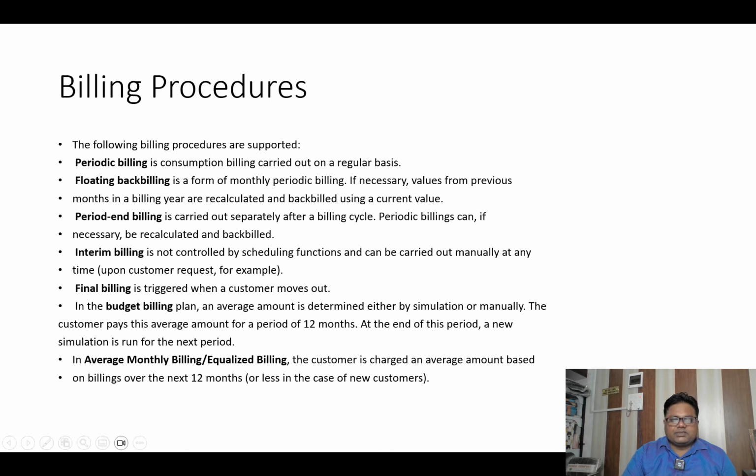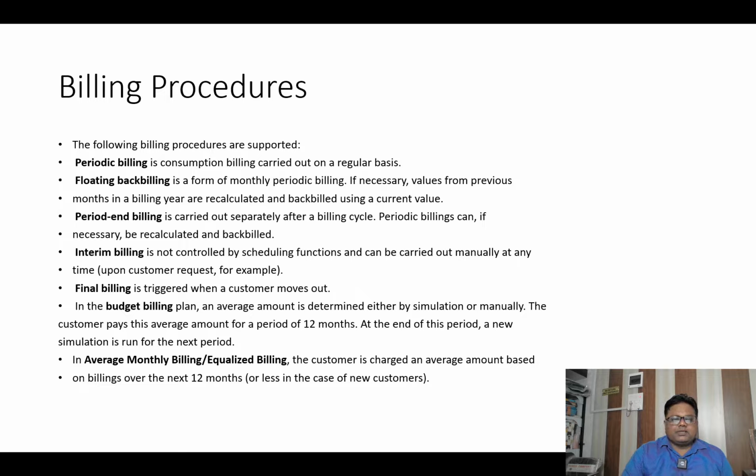Interim billing is not controlled by scheduling functions and can be carried out manually at any time upon customer request. For example, final billing is triggered when a customer moves out. In the budget billing plan, an average amount is determined either by simulation or manually.